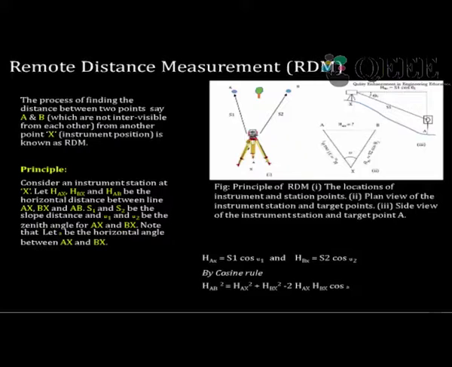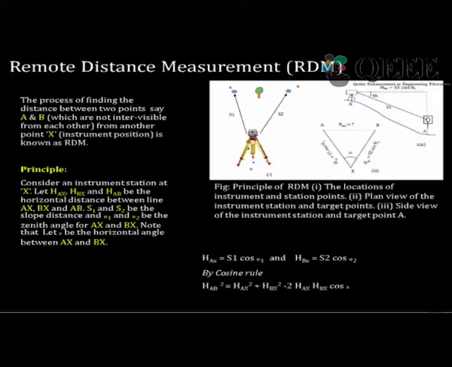The third one is the side view of the instrument station and the target point A. Normally it involves the measurement of the horizontal angle between stations A and B, as well as the zenith angle and the horizontal angle between the instrument station and targets A and B separately.